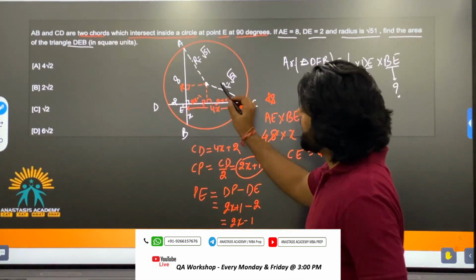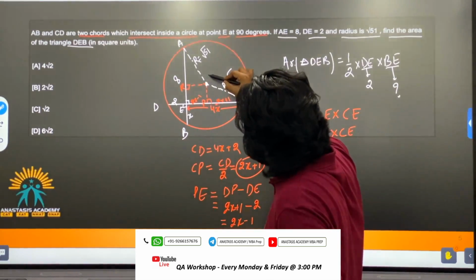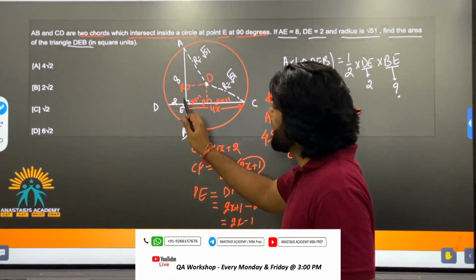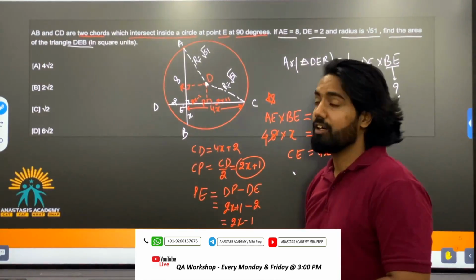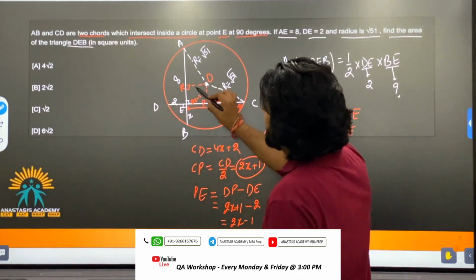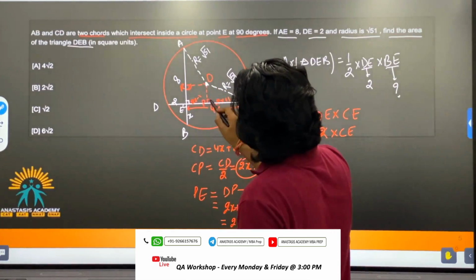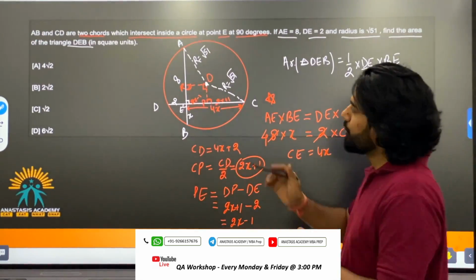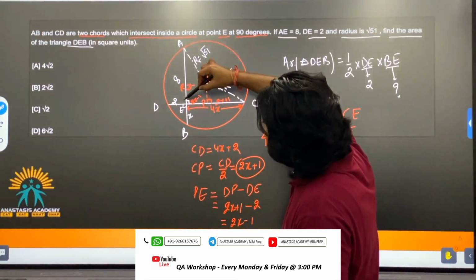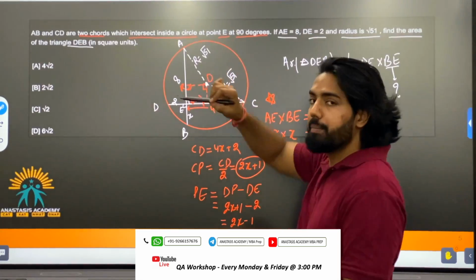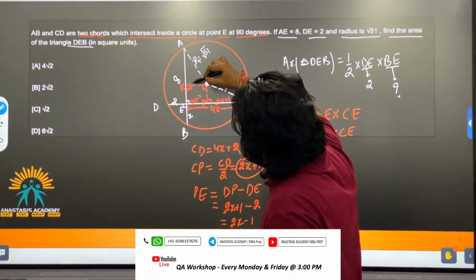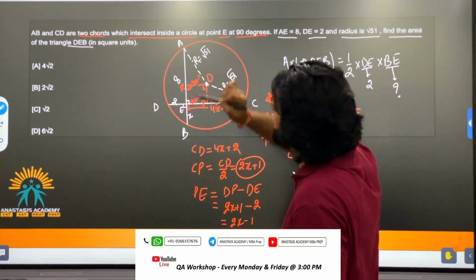And I am assuming the center to be O. This figure ROPE is a rectangle, because all the angles are 90 degrees. So PE and OR will be parallel and equal, so OR would be 2x minus 1.